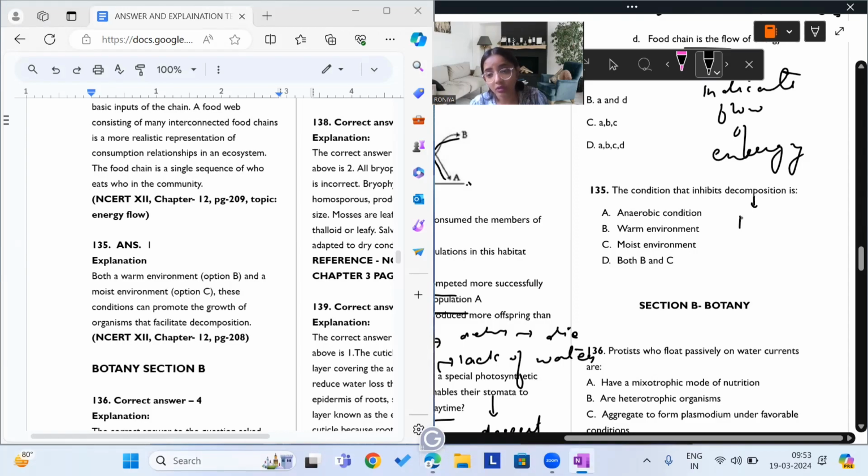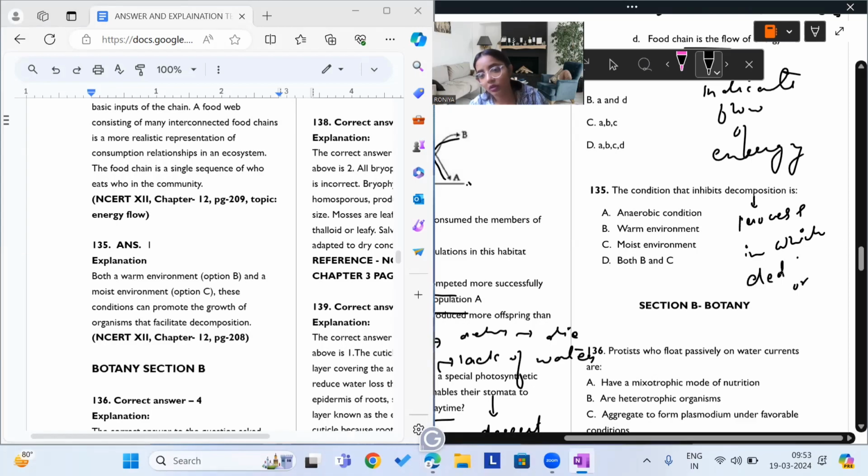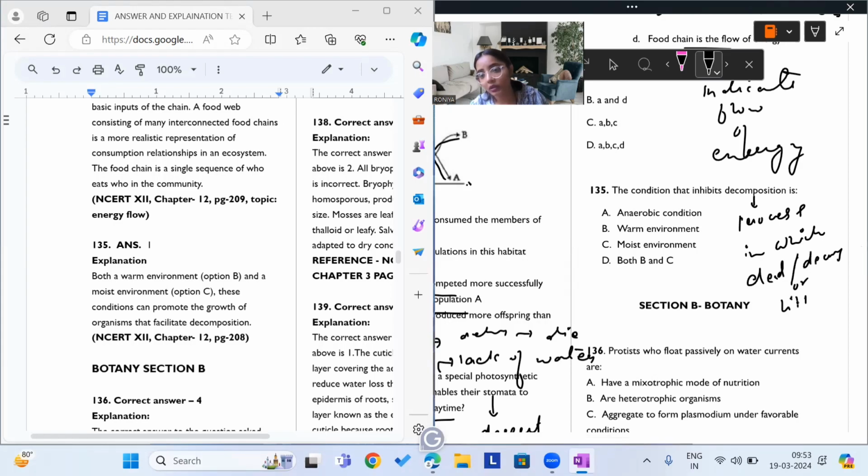What is decomposition? It is a process in which dead and decaying litter is decomposed to useful materials like minerals. And who does this process? Bacteria, mostly.